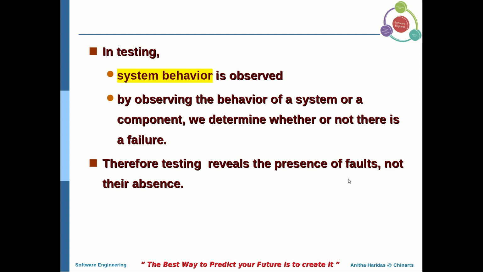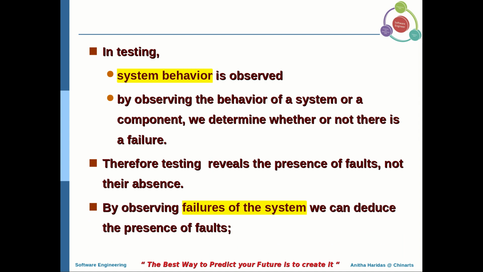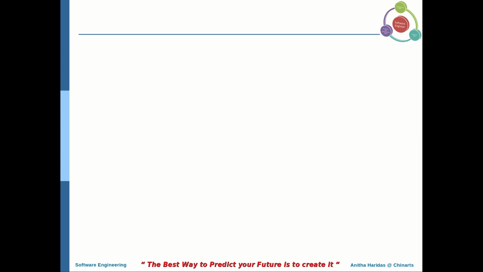The error may be because the requirement phase was not done properly, or the design phase was not done properly, or sometimes in the coding process itself. So by observing the failure of the system, we can deduce the presence of faults. Understand the concept clearly. To find out whether there is any error in your system, you observe the system and find out the failures.